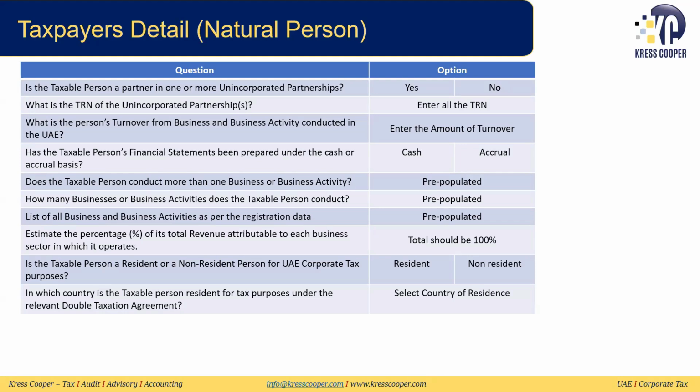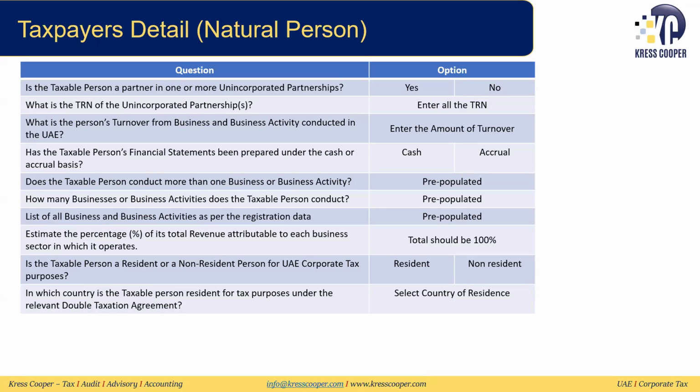If you have already registered, because there can be a case where you registered in the start because you were meeting this condition, but in the next year it might be that you are not meeting the turnover, you do not have to deregister. The registration will stay there. You will only fill this question on whether your turnover is less or more than 1 million, and automatically the return will get modified.